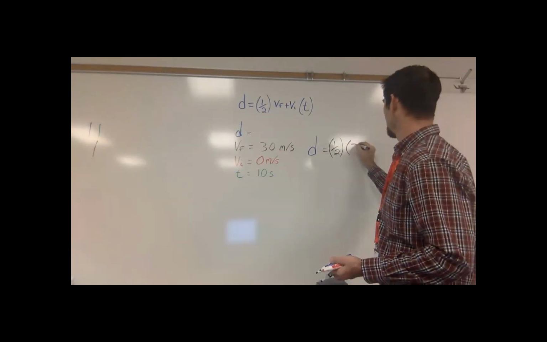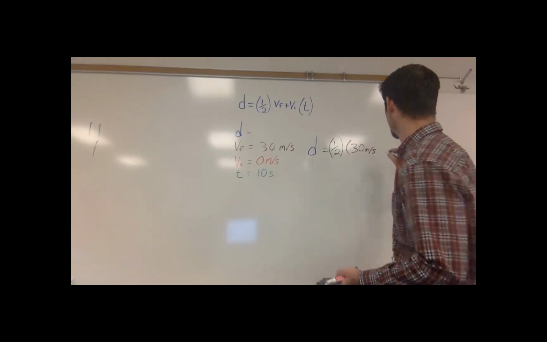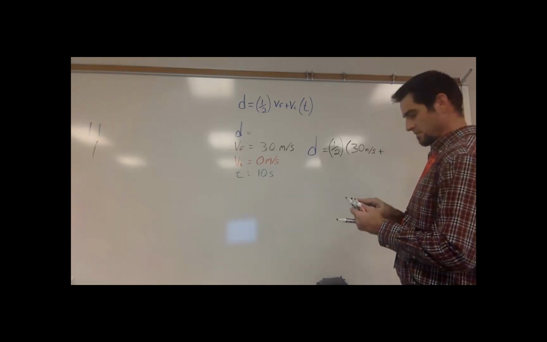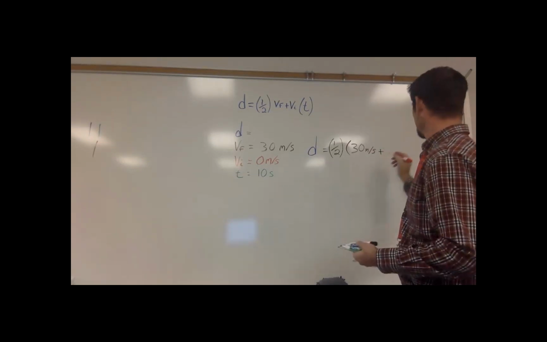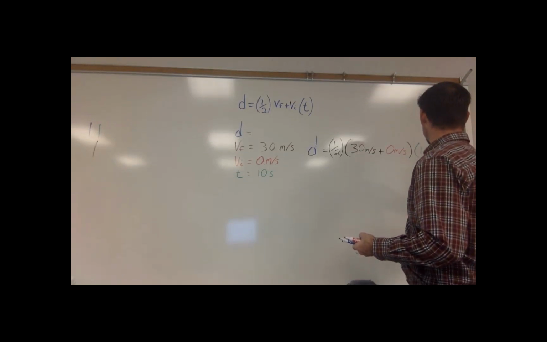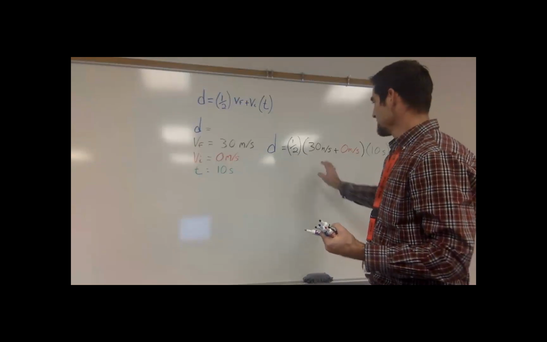VF is 30 meters per second plus VI, which is 0, times 10 seconds. We can combine these terms.